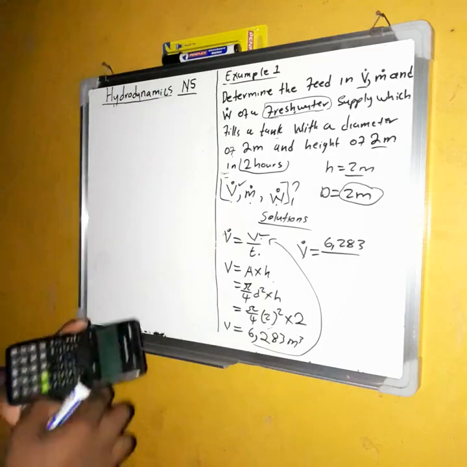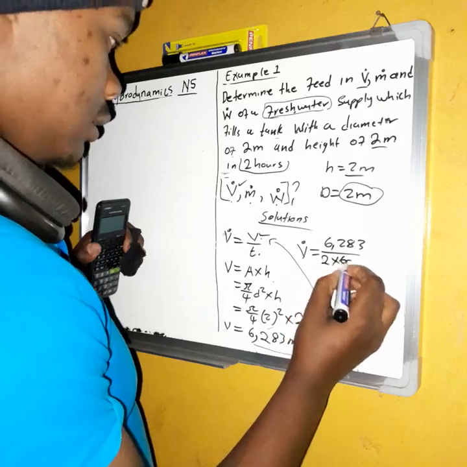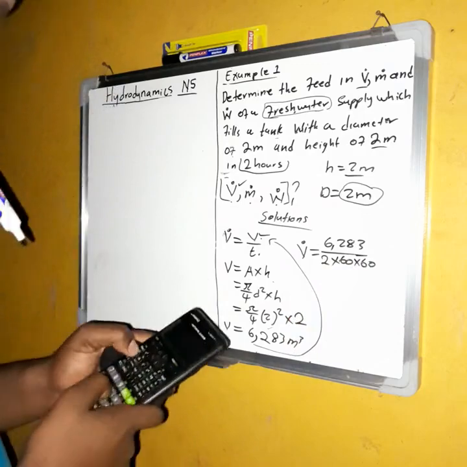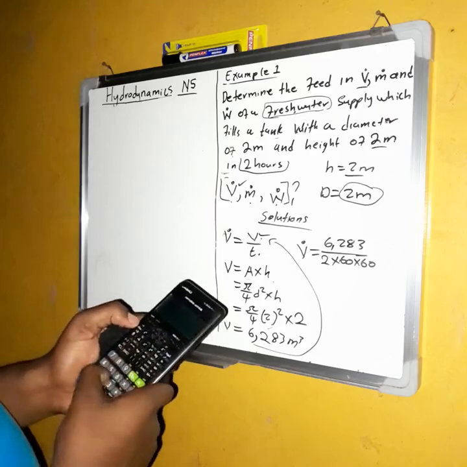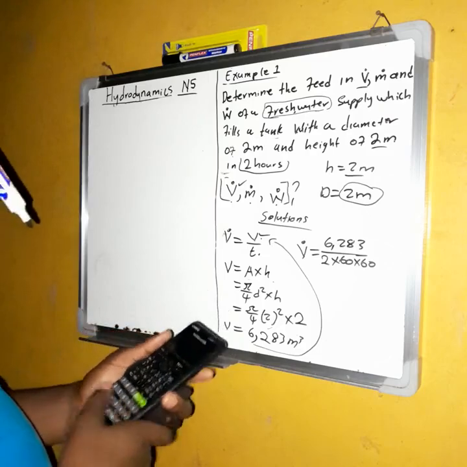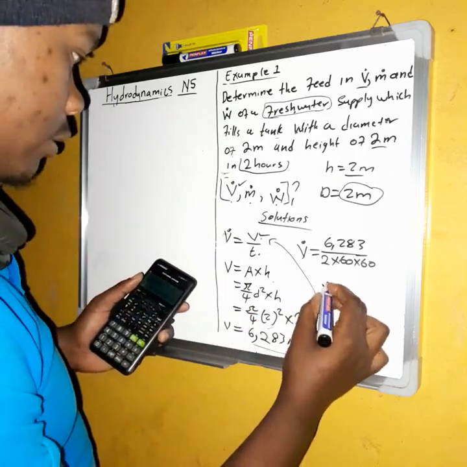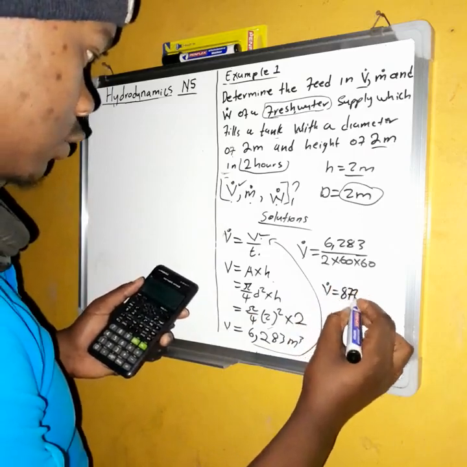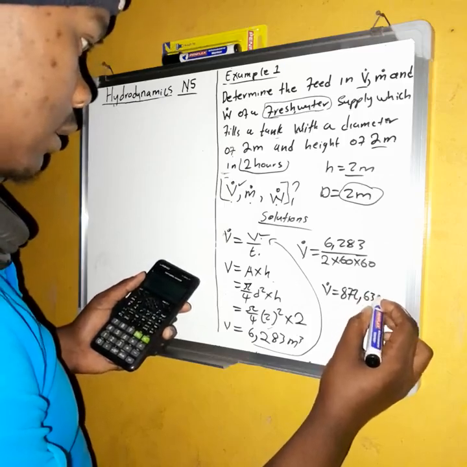It's important to understand that we have 2. We saw this would be 60 multiplied by 60, right? 2 times 60 times 60, the flow will be 872,639.